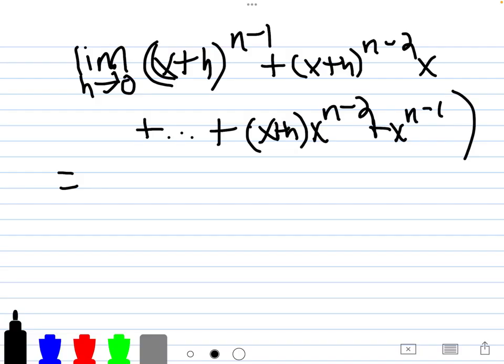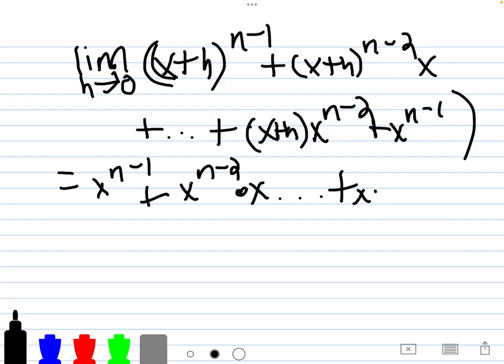So all x plus h terms are just going to be equal to x plus 0, and x plus 0 is just x. So every single x plus h term will just be replaced with an x. So we have x to the power of n minus 1 plus x to the power of n minus 2 times x, so on and so forth, plus x times x to the power of n minus 2 plus x to the power of n minus 1.